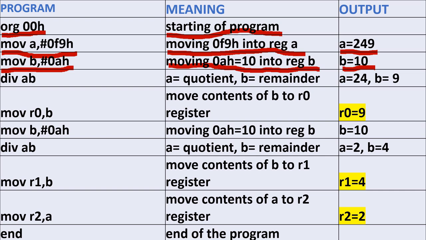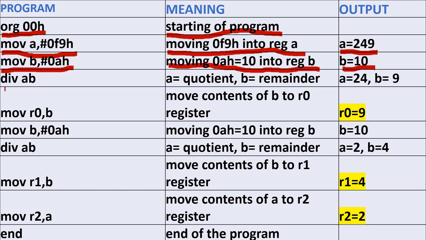As an output, here I am taking the values in decimal equivalents because it will be easier for me to do the calculations. So for number F9, I have taken 249, which will go in register A, and in register B you will get number 10. When you execute this code in Keil MicroVision, in the register window we will be getting the hex numbers only. This output I have written for calculation purposes only.